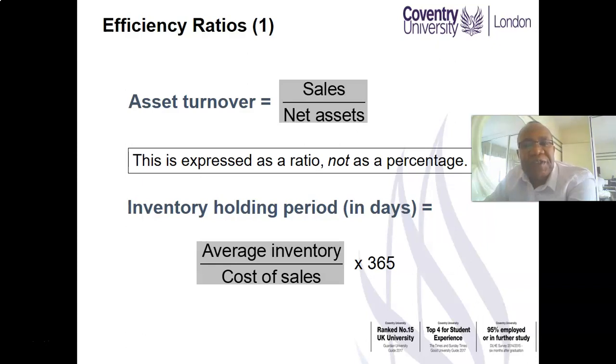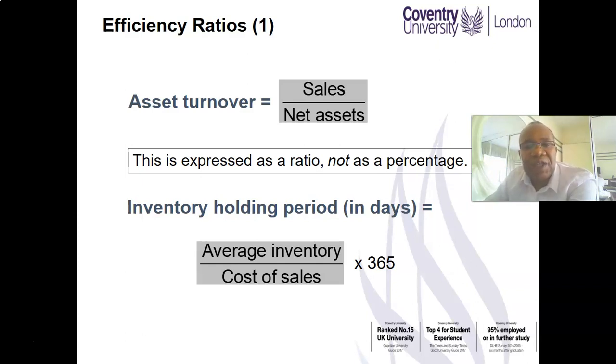It is expressed as a ratio, not as a percentage. If this ratio increases, it means therefore that the company is utilizing its assets well. Now, one needs to be careful, especially if it has decreased dramatically. So we need to investigate further to see why it has decreased.